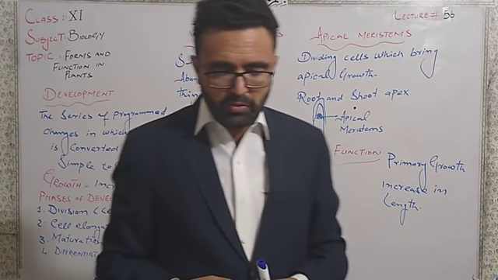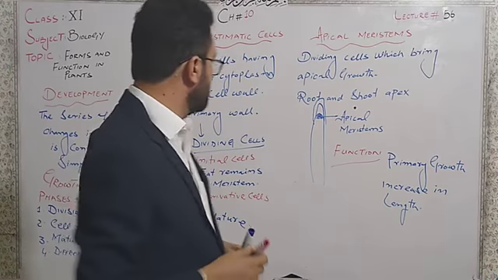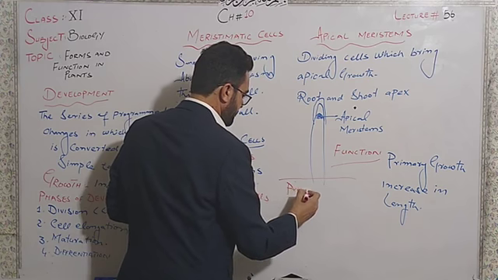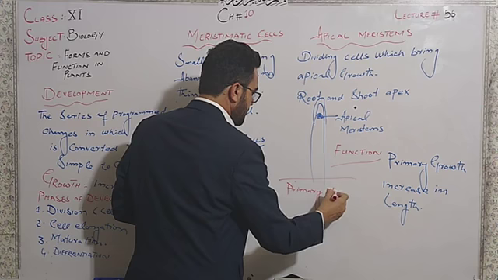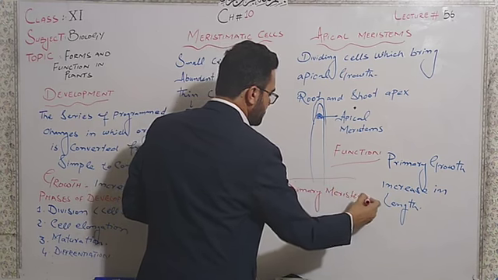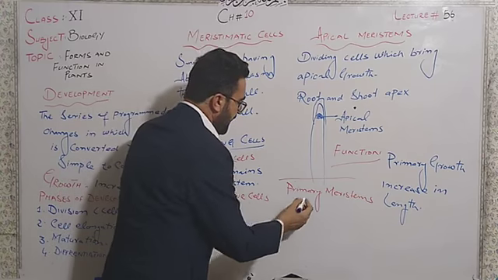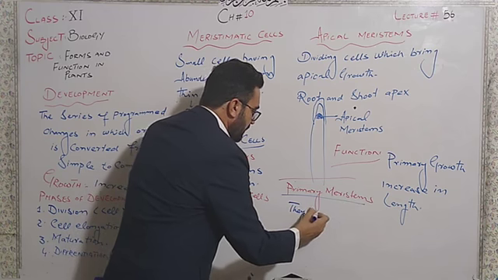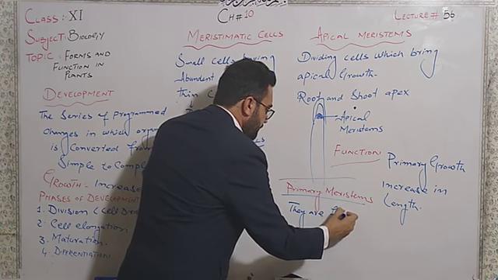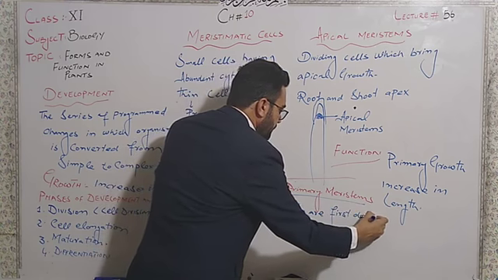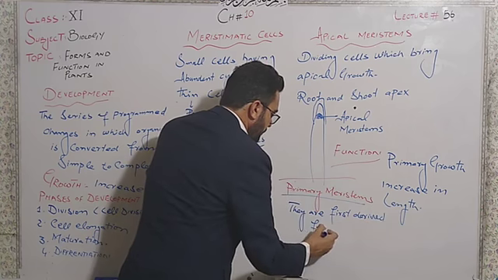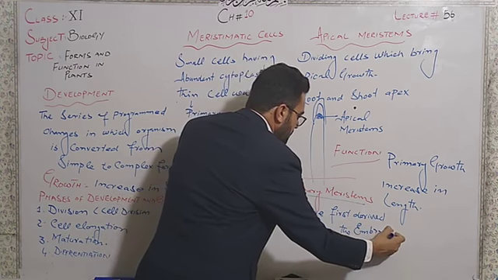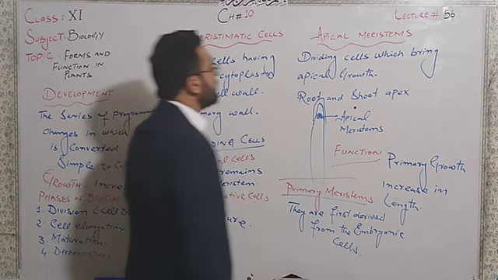They are also called primary meristems because they are first derived from the embryonic cells. So it was all about the apical meristem.